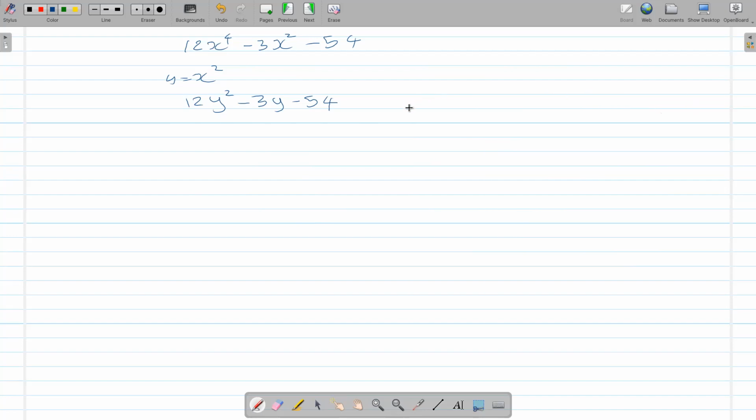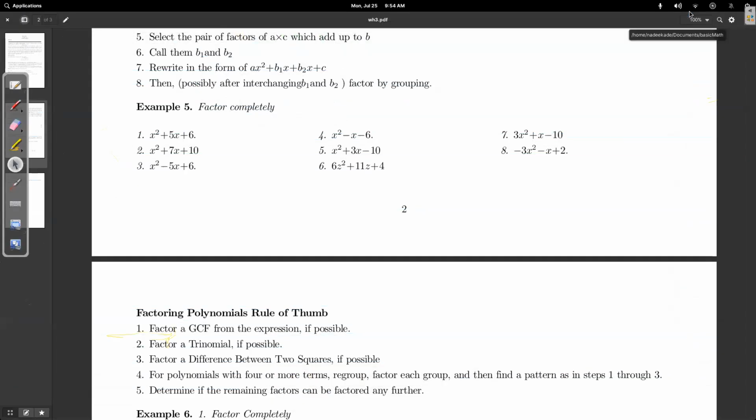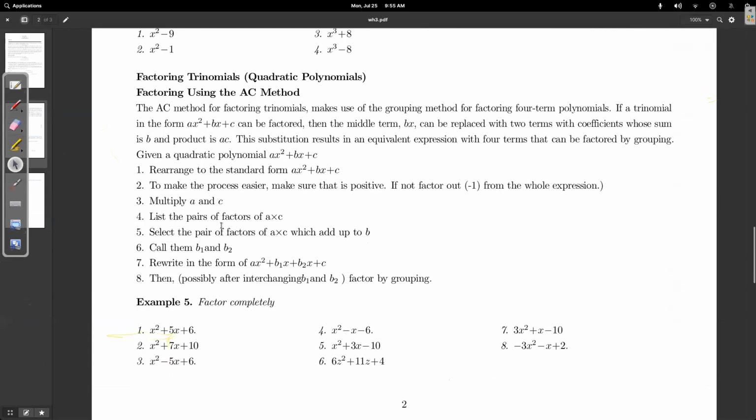Okay. Now I need to get A, B, and C. Now I am going to use this method. If you can factor in your mind, you can do it. Now we are going to use this method, which you use for these quadratic polynomials.